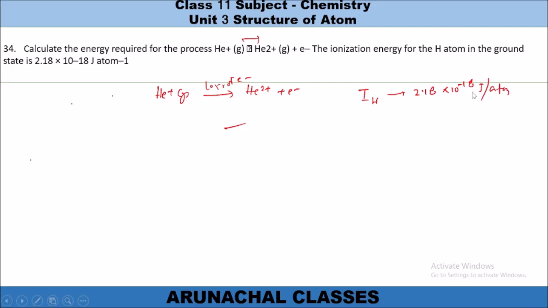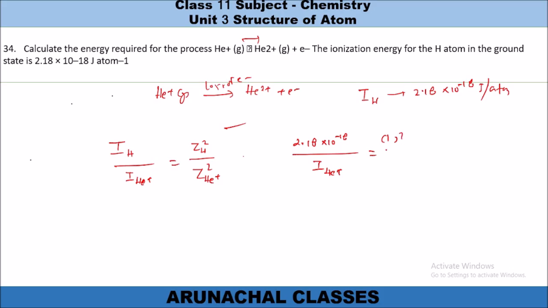So we can use this equation: ionization energy for the hydrogen atom over ionization energy for the helium ion is equal to the atomic number of hydrogen squared over the atomic number of helium squared. So 2.18 × 10⁻¹⁸ divided by the ionization energy of He⁺ equals 1² upon 2².